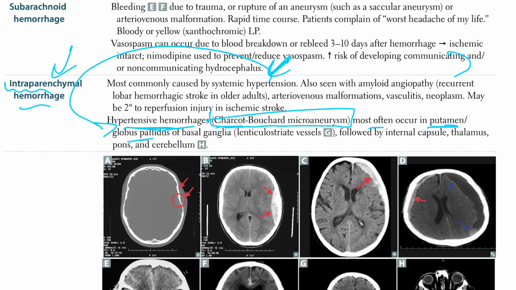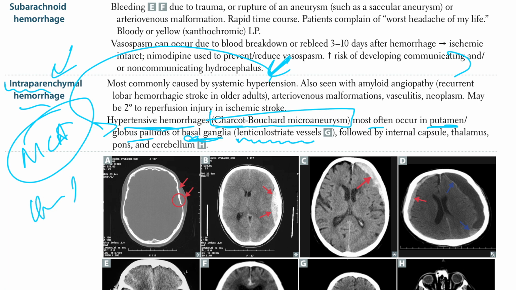Basal ganglia is a deeper structure of the brain, supplied by lenticulostriate arteries. Didn't we talk about this in the MCA stroke? We said uncontrolled hypertension causes arteriosclerosis in the lenticulostriate vessels, followed by internal capsule, thalamus, pons, and cerebellum.